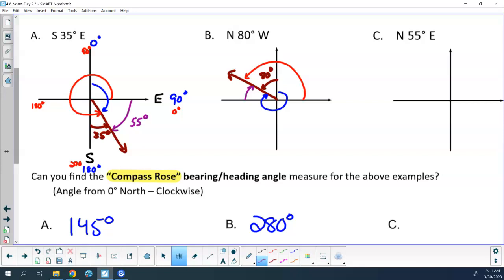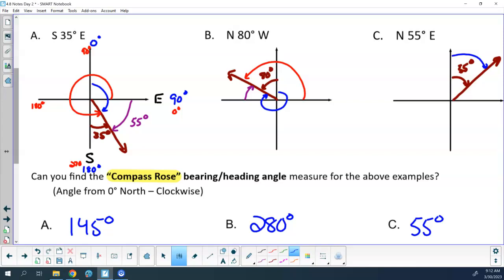Agree on all accounts? You try now, letter C. I got us in quadrant number 1, which would also be my compass rose, 55 degrees there.